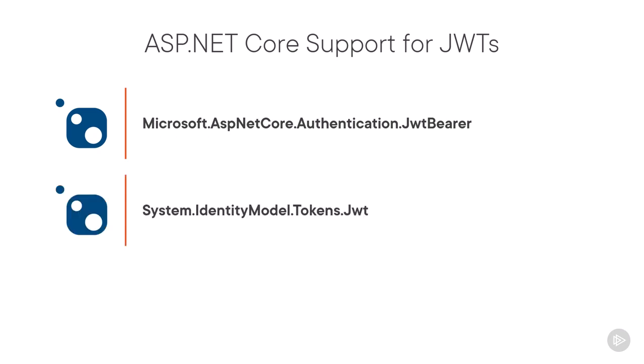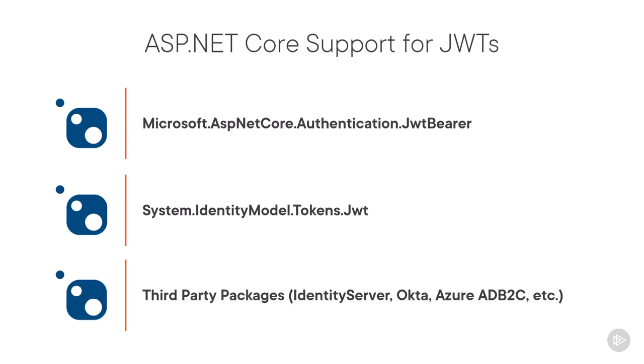The second is System.IdentityModel.Tokens.Jwt. This package is used to create, serialize, and validate JWTs. Finally, there are many third-party packages available both for general purpose use as well as to support specific authentication providers like Okta, Identity Server, and Azure AD B2C.